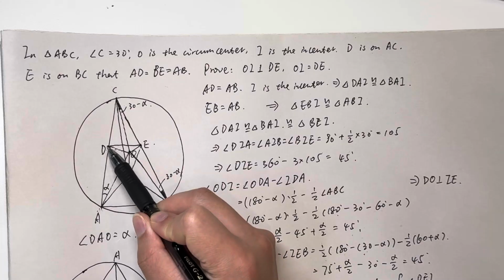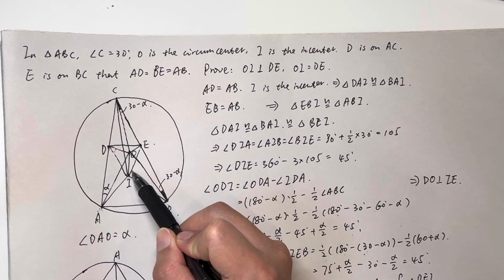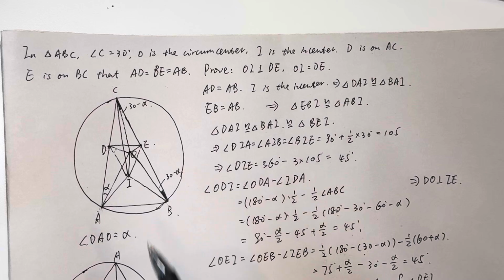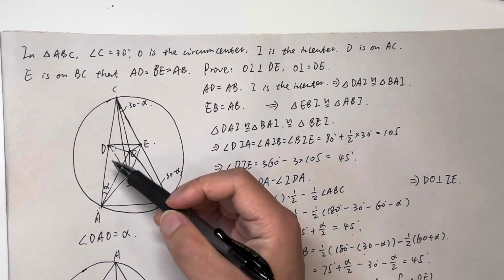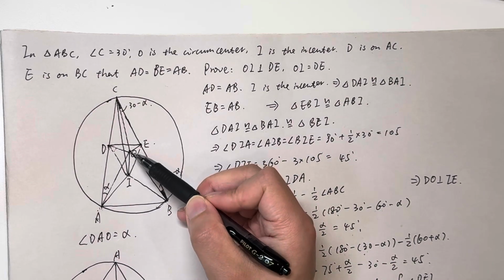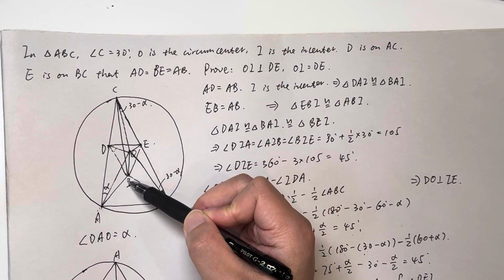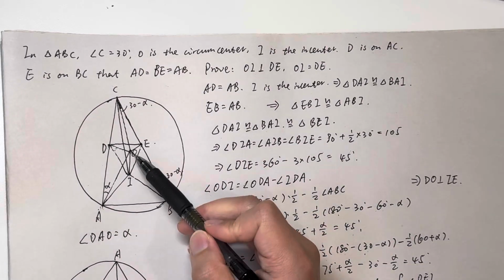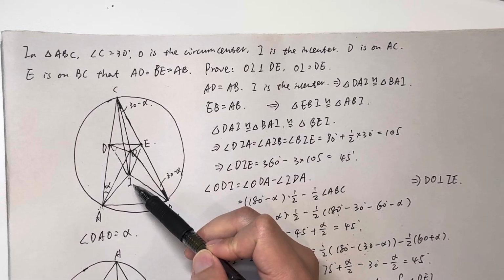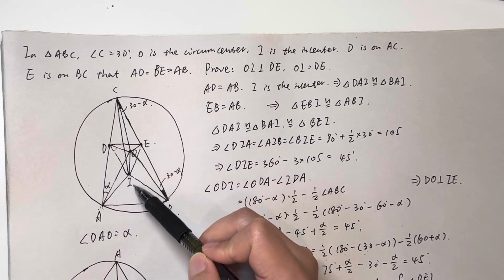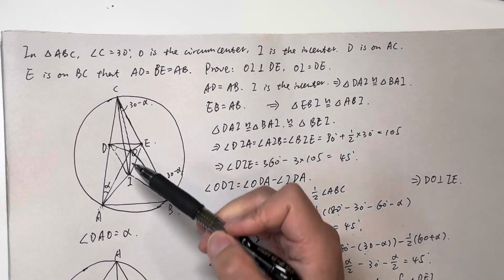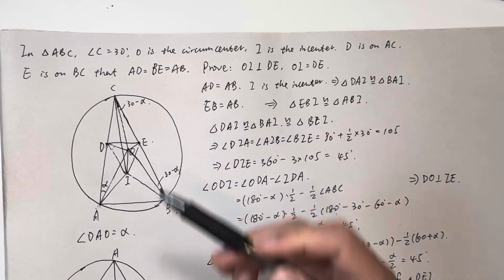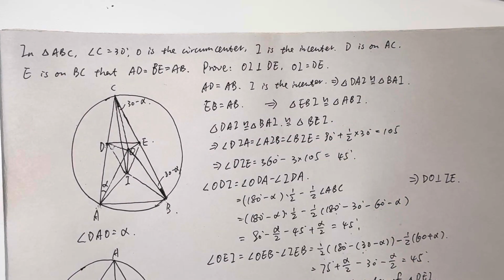You know that angle DIE is 45 degrees. And based on this, you have to make a guess that O is the orthocenter. Then it leads you to calculate the angles ODI and OEI, and you can easily prove that OE is perpendicular to DI and OD is perpendicular to EI, which means O is the orthocenter, and that leads IO to be perpendicular to DE.